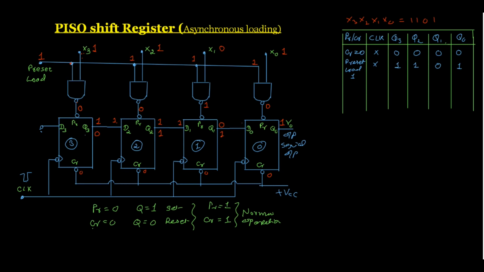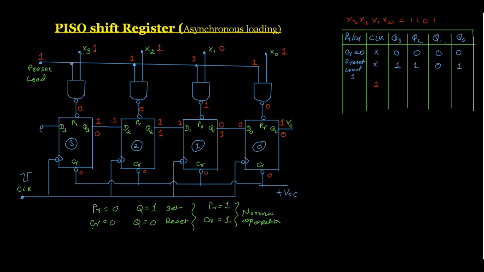Here the input to the D0 is 0, and when the negative edge comes, the output becomes a 0. Here you can say that with this first clock pulse we applied, this data is going to be transferred from input to the output.